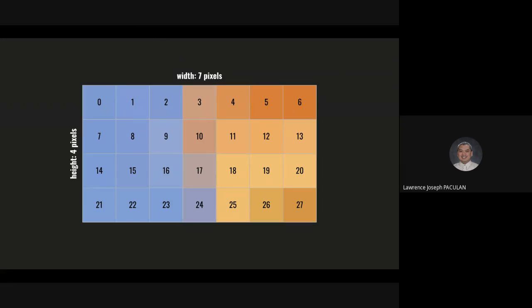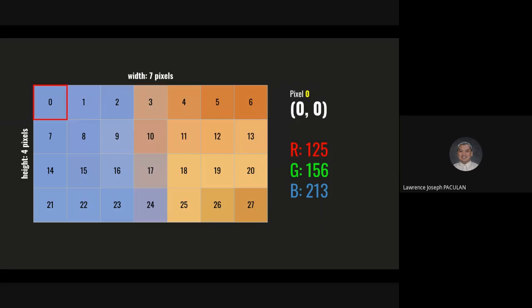Okay, so going back, we know the index, we know the coordinates, we know the resolution of our image. So for pixel 0 at index 0, coordinates 0, 0, we have 125 for the red, 156 for the green, and 213 for the blue.